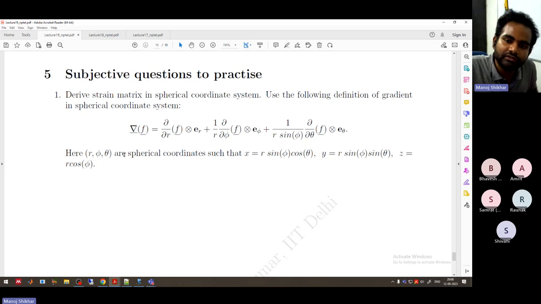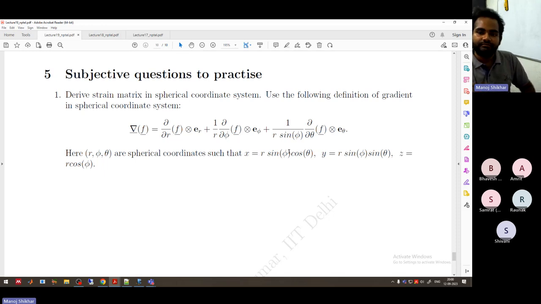You will substitute your U in place of F here. Then keep in mind that E theta, ER and E phi might depend upon R, phi or theta. So you will have to do some mathematics, like what will be del ER by del R, what will be del E phi by del R, what will be del E theta by del R. After doing that, you just follow the steps we followed for the cylindrical coordinate system.